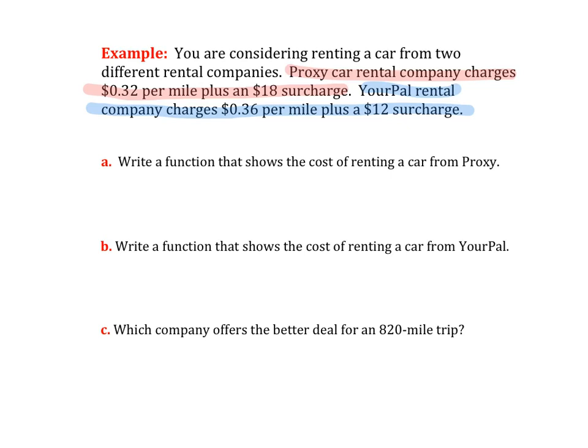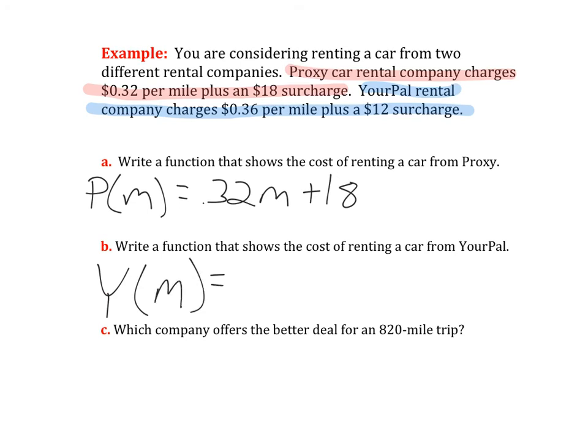Let's go Proxy. I'll say P of x, or P of m, because it depends on miles. So P of m, and that's going to be 0.32m plus 18. And then Your Pal, I'll say Y of m equals 0.36m plus a $12 surcharge.